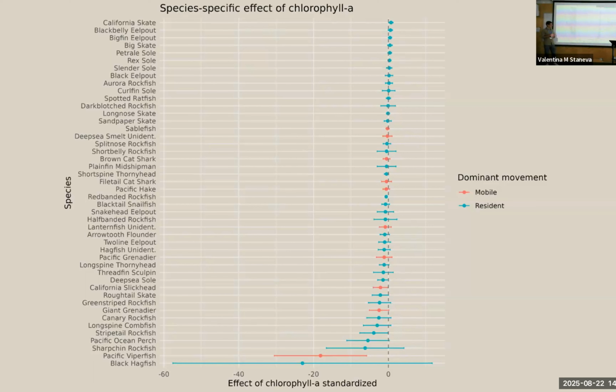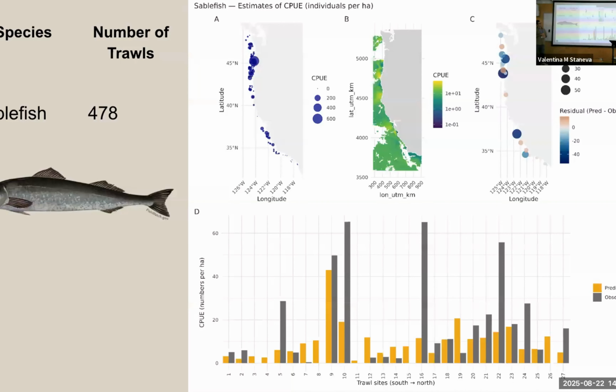But there are a few species that do seem to stick out. And if you move ahead, we actually did run the models across over 100 species. And so in this top left plot, you see catch per unit effort. And that's just from the raw trawl data and kind of shows you the distribution of where we're seeing more of these species.